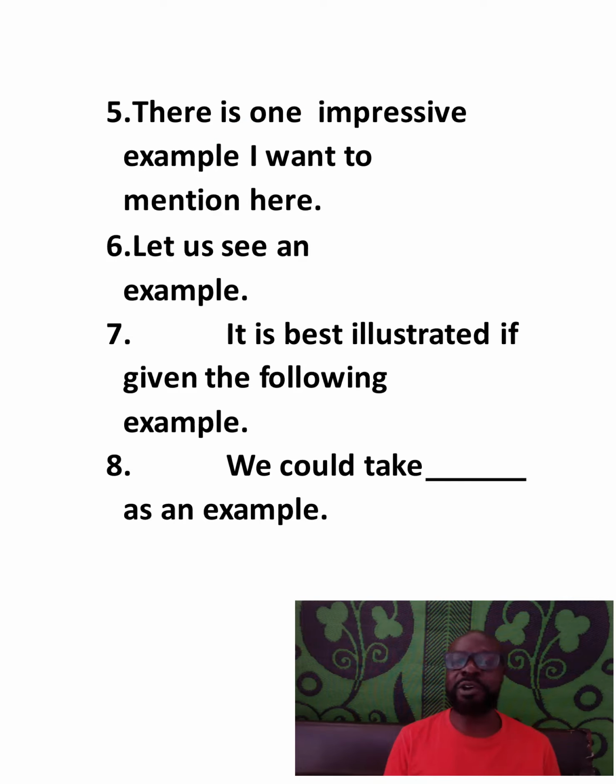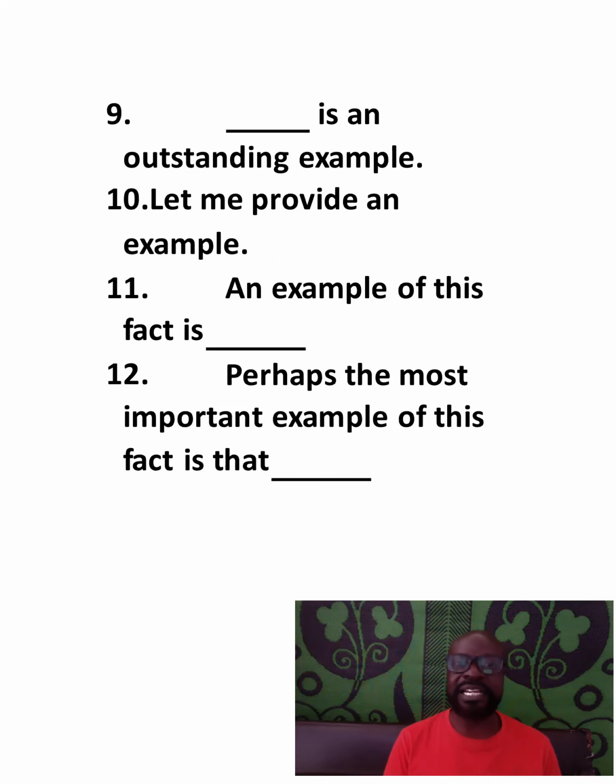It means you're going now to start giving examples. Let us see an example. Number 7, it is best illustrated if given the following example. Number 8, we could take dash as an example. Number 9, dash is an outstanding example.